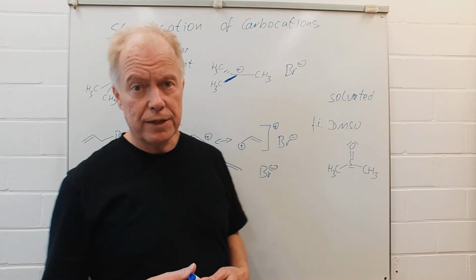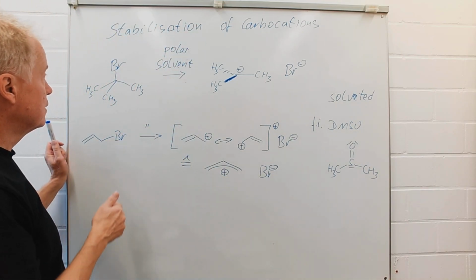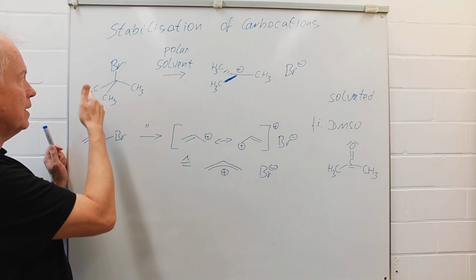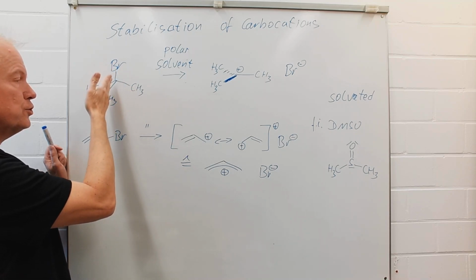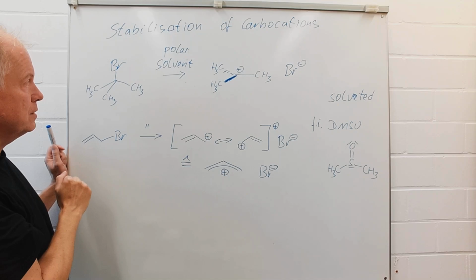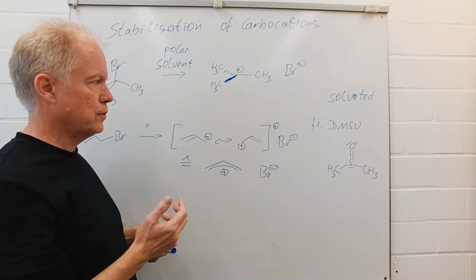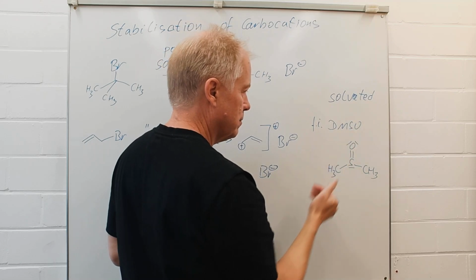Subject of today is the stabilization of carbocations. We start from alkyl halides, tertiary butyl bromide, and here we have allylic bromide. We put it into a polar solvent that could, for instance, be DMSO.